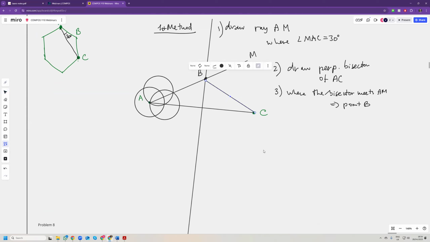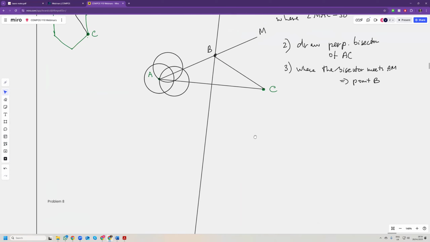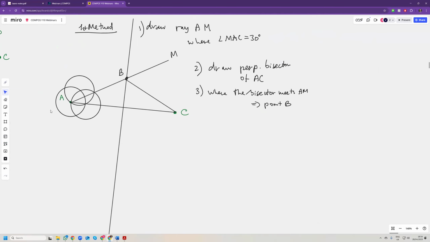And now we can draw a circle center A, radius AB.